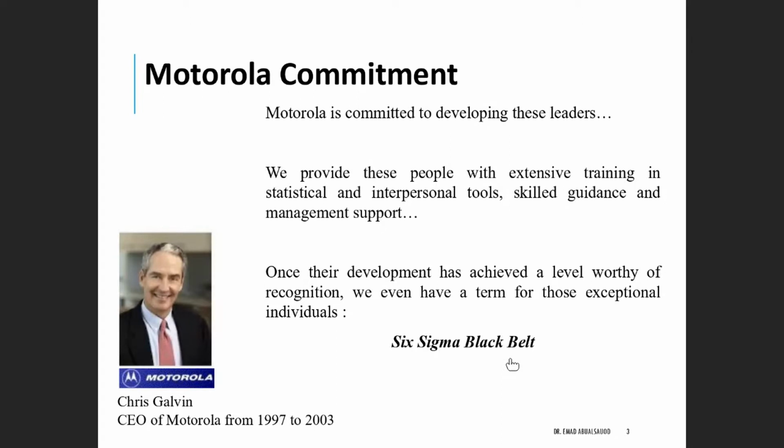They call those people Six Sigma Black Belts, the leaders in their organization, trained in statistical tools, interpersonal skills, and management. And they support them to become the future leaders of the organization.